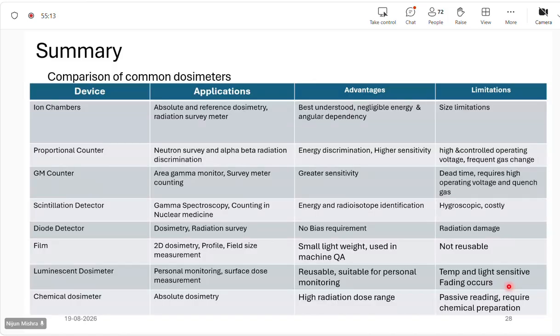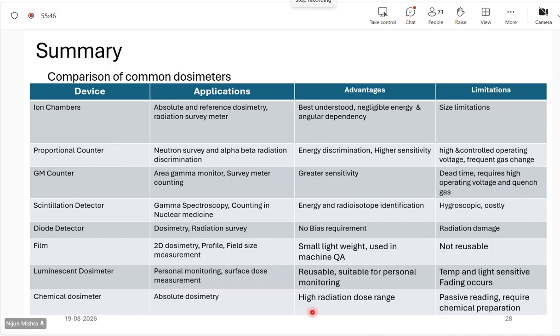Okay, chemical dosimeter: we use it in absolute dosimetry, and its advantage is high radiation dose, so we can use it for industrial purposes. When we want to do dosimetry at high doses, we can use the chemical dosimeter. Limitations are passive reading and chemical preparation required, meaning each time you need to prepare the chemical solution in order to carry out the dosimetry.